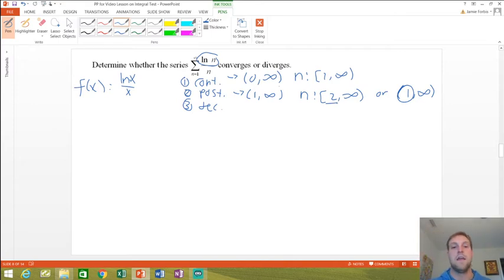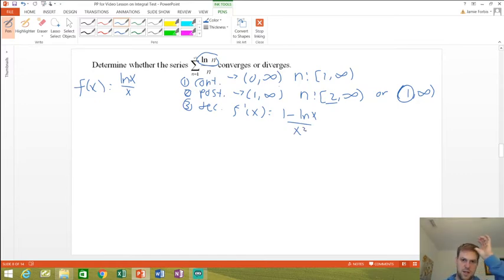Okay. And then for the decreasing part, all right, so f prime of x is equal to low d high minus high d low all over low, which simplifies down to 1 minus ln of x over x squared.